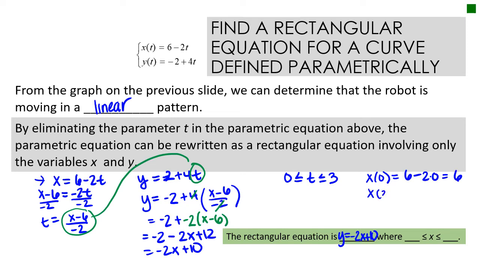And then x of 3 is 6 minus 2 times 3, which is 0. So your x values go from 0 to 6. You can also see that by looking back at that last slide. Draw the equation negative 2x plus 10: it's a line that has a y-intercept of 10 and a slope of negative 2, and you're only looking at the portion between 0 and 6 for the x values, and you'll see it's exactly what we had before.